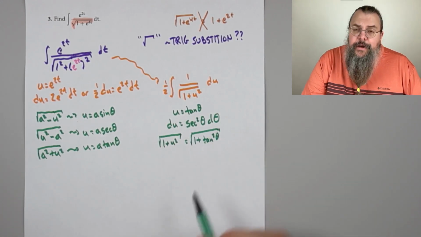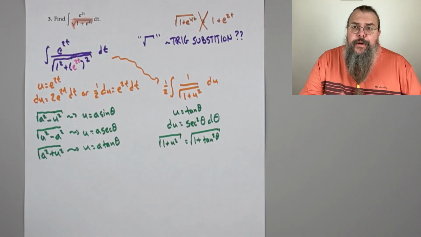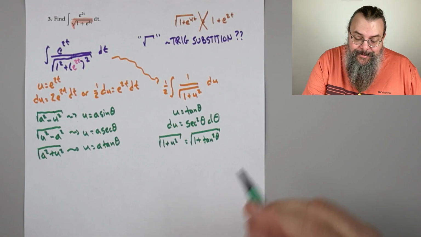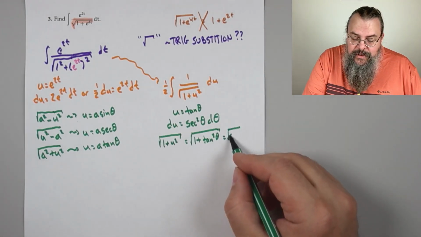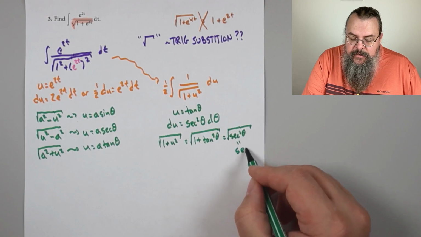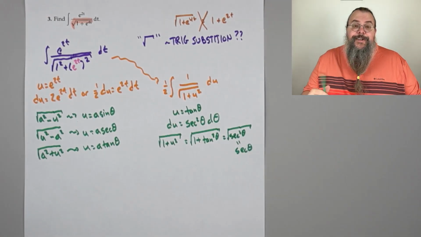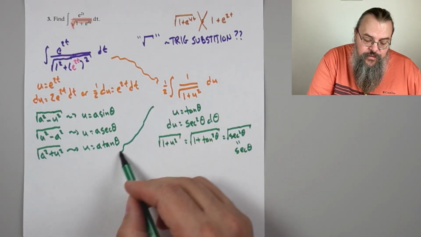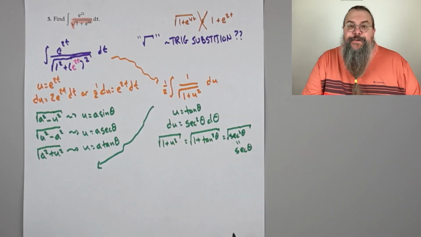And we start thinking, trig identities. What did trig identities say? 1 plus tangent squared equals secant squared. So that's the square root of secant squared, which is secant. So updating again, we're zigzagging through our page here.